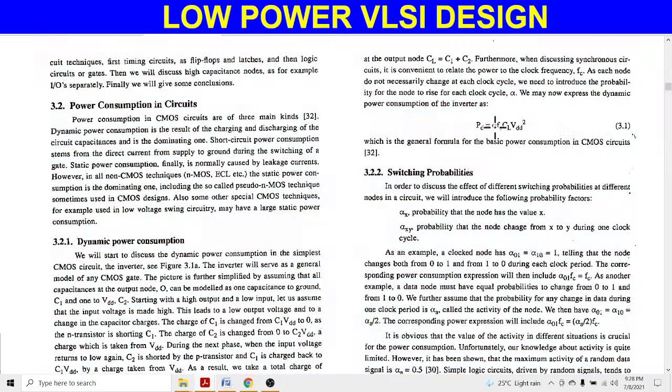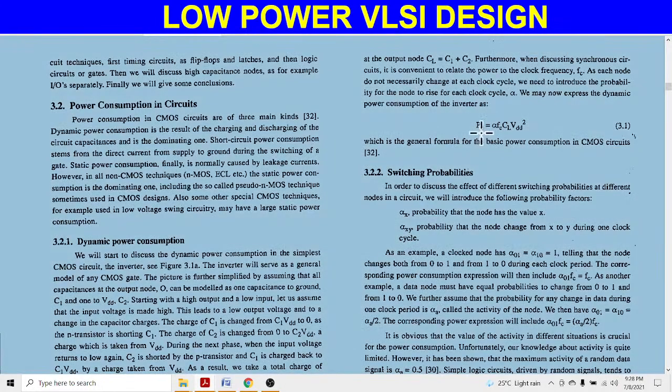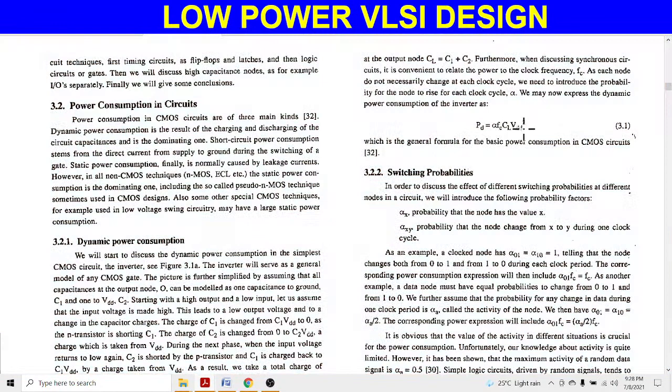We already discussed that this alpha f C in a generalized way can be represented as simple f C when we consider this probability as 1. When we consider this switching probability alpha as 1, we can represent the total alpha into f C as f C. So the total power dissipation equation will be PD equals f C into VDD whole square.